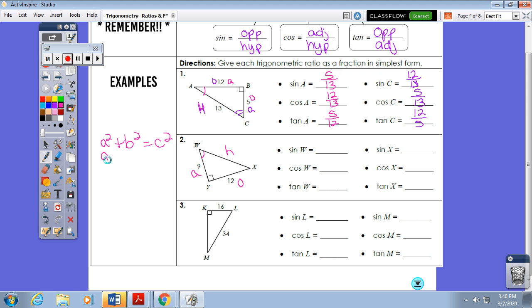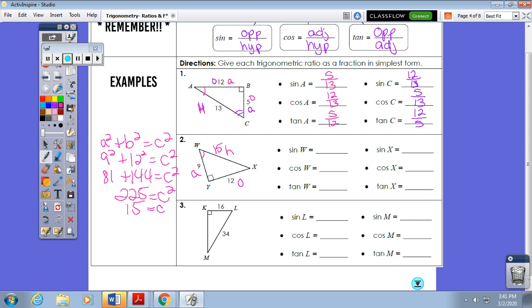So I could do 9 squared plus 12 squared equals c squared, and solve for that. So c squared is equal to 225. C then is going to be equal to 15.